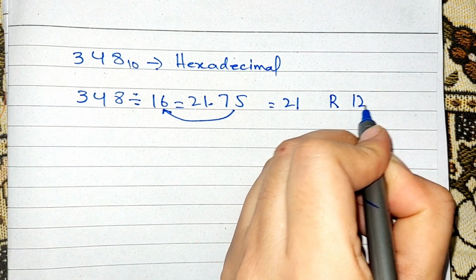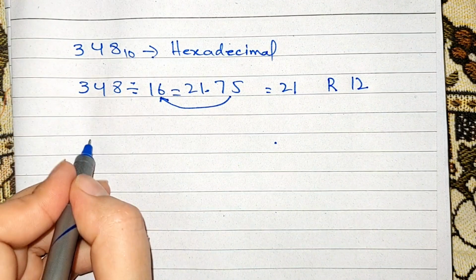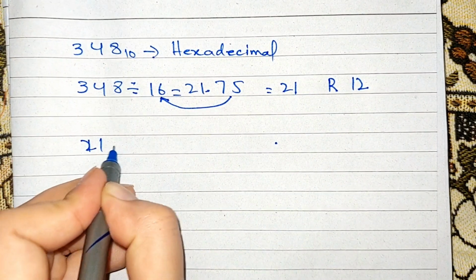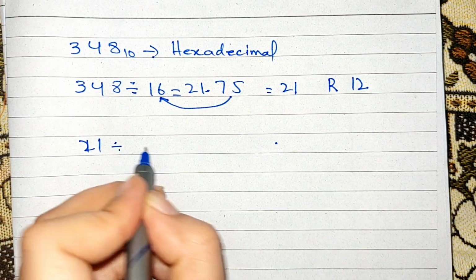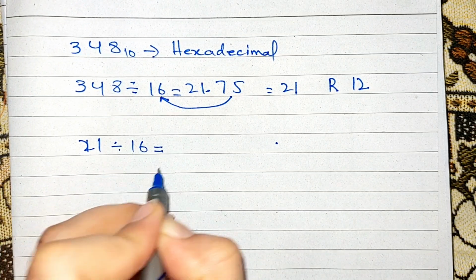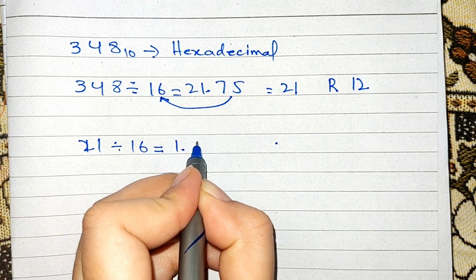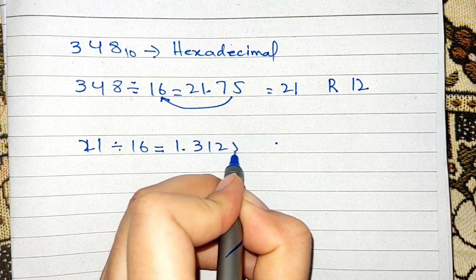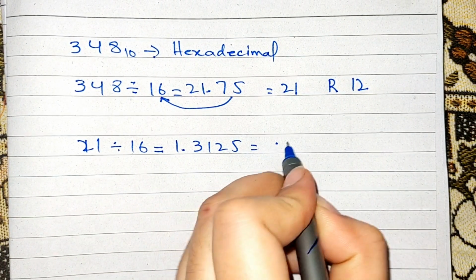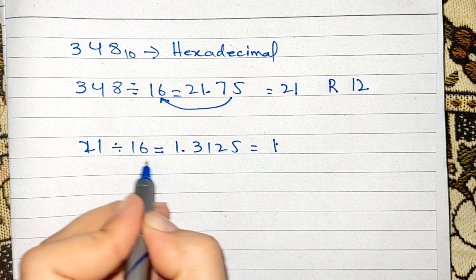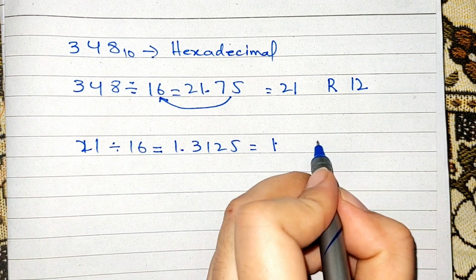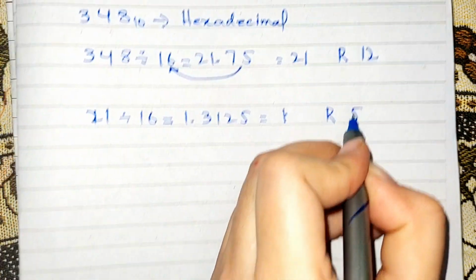Now this 21 when again divided by 16 will equal 1.3125. So I'm writing 1 separately, and this 0.3125 will be multiplied by 16, and we get a remainder of 5.